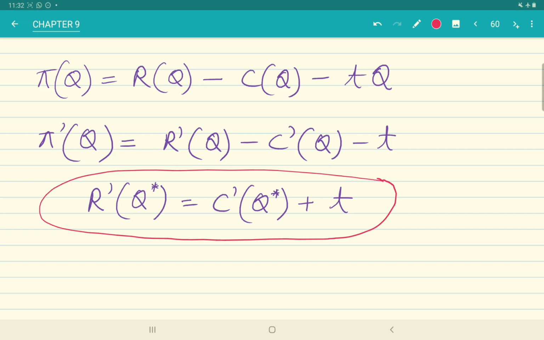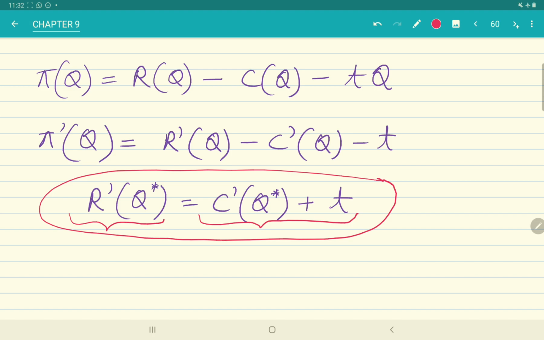So this is the condition for maximum profit, and what it says again is that when we increase production by 1 unit, what we gain is approximately equal to r prime q star. And when we increase production by 1 unit, what we lose is approximately equal to this.